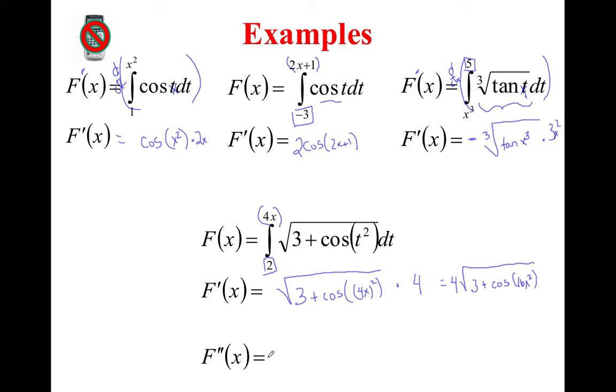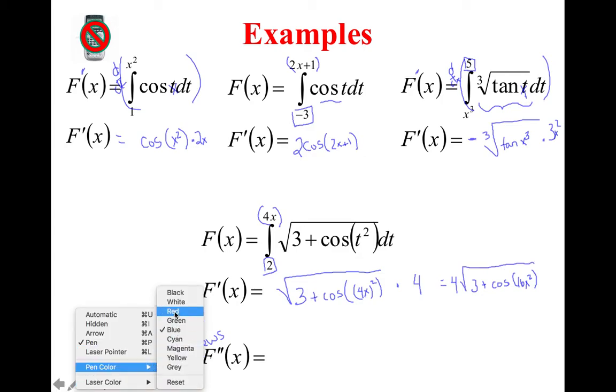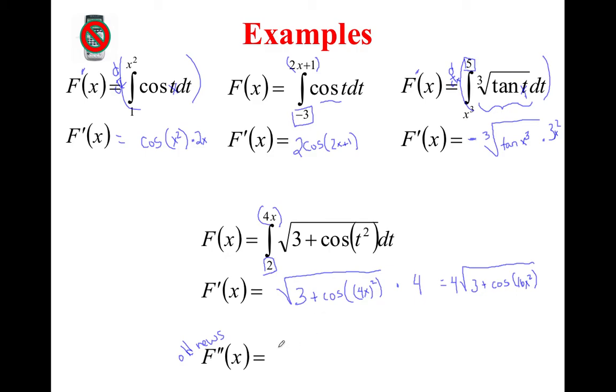Now, to take the second derivative, that's old news, right? You don't have any integrals left. So how do you take the derivative of that function? It's 4 times the square root, so that's 3 plus cosine of 16x squared to the negative 1/2.